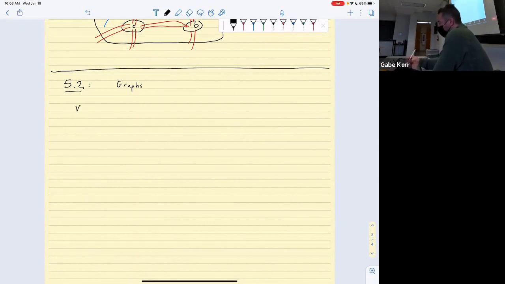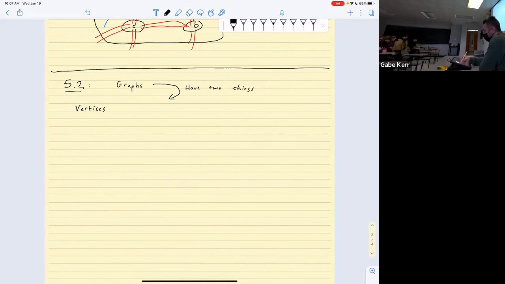Our mathematical graph has two things. It has vertices and edges. We'll decorate these and give them all sorts of extra structure if we want.